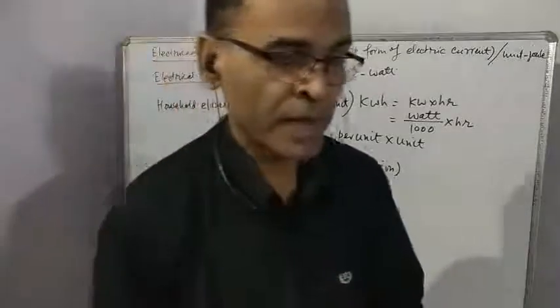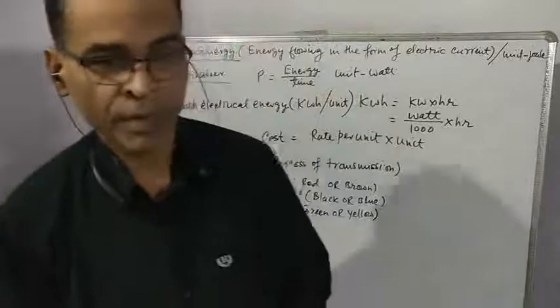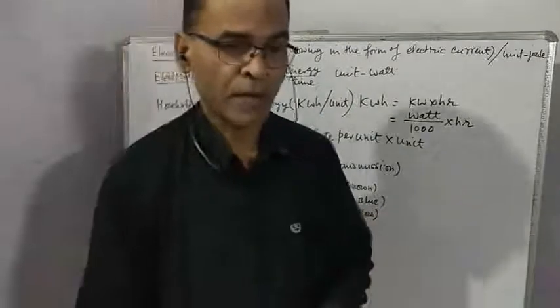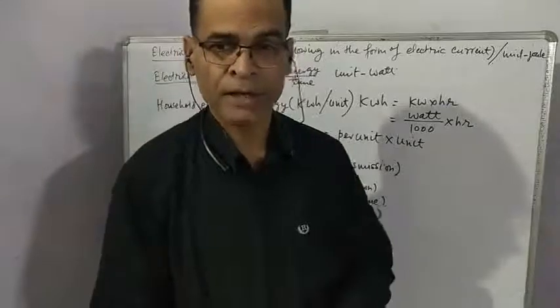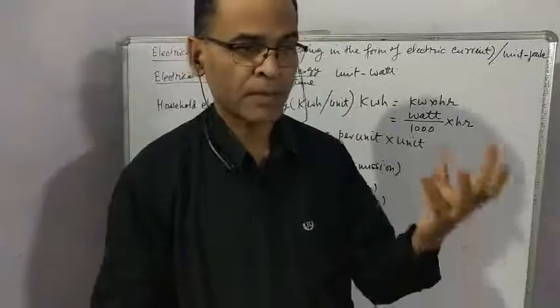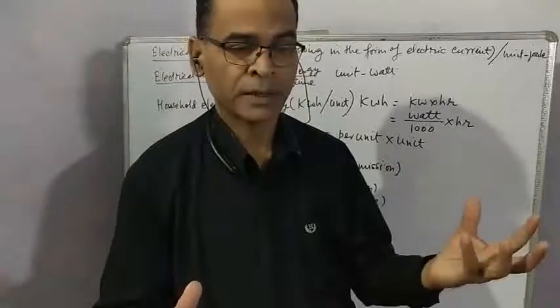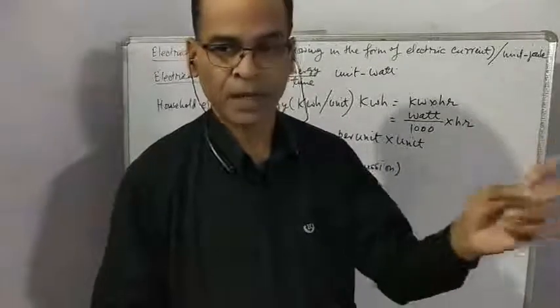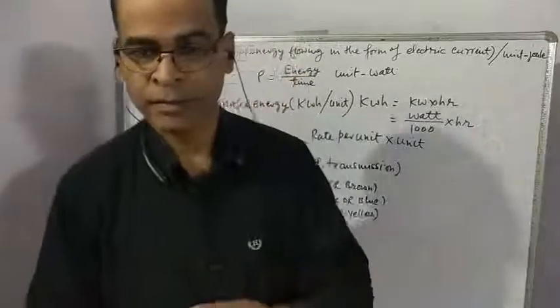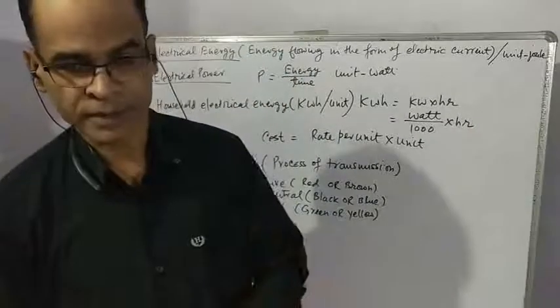The second type of wiring is parallel, when both live and neutral wires are connected to each and every device independently. Suppose you have a bulb, fan and television. Then both live and neutral wires are connected to the bulb, the fan, the television and other devices.